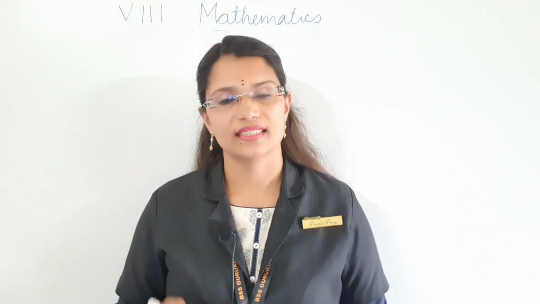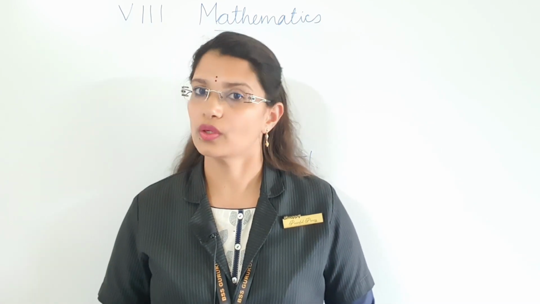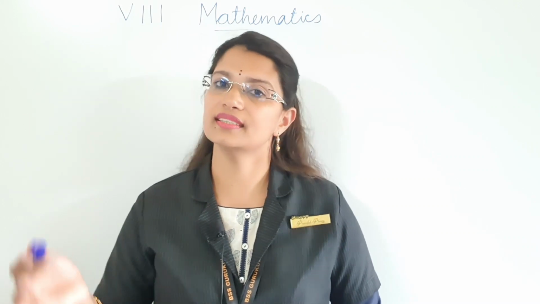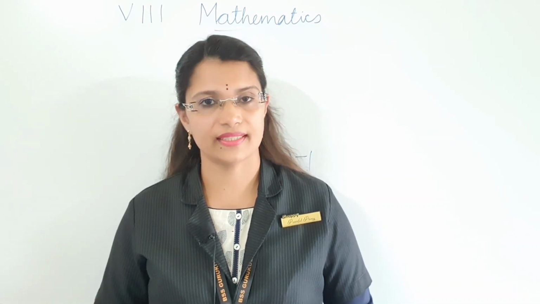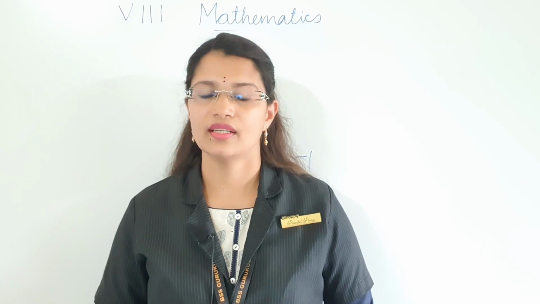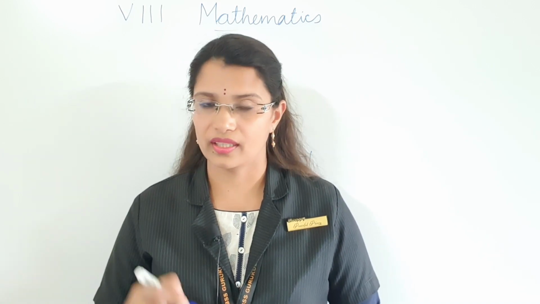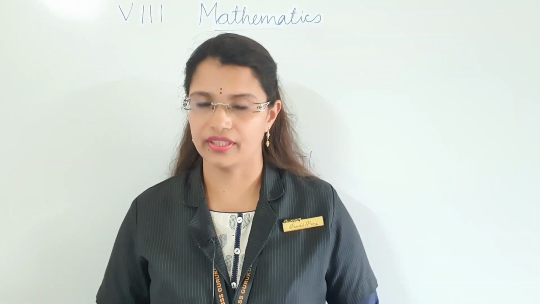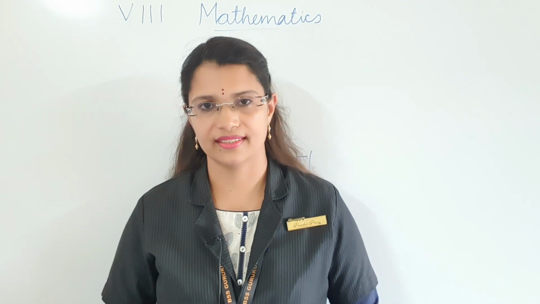So children, we are going to learn a new chapter, chapter number 6, Construction of Quadrilaterals. You have already learned in the previous classes, that means 7th, 6th, 5th and all, what the different types of quadrilaterals are, right? What is meant by a quadrilateral? A quadrilateral is a closed figure made up of 4 sides, right?